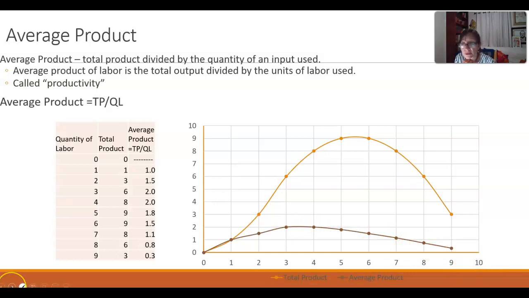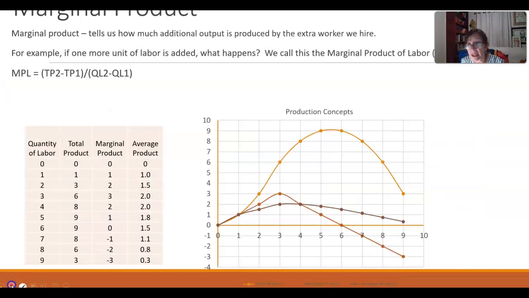All right. So that's one production concept of productivity. So now we have total product, which is this big curve, and we have average product. Now we're going to look at a concept called marginal product.